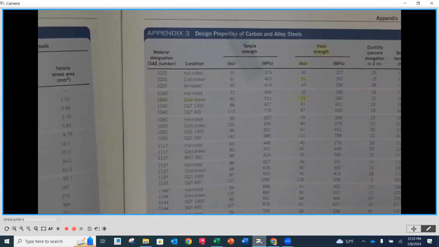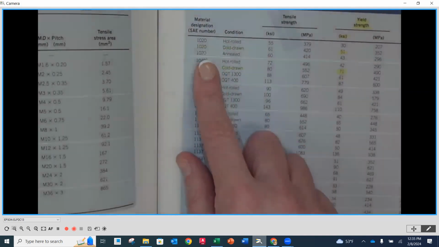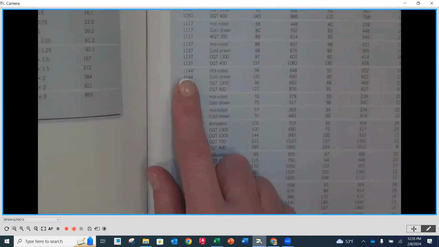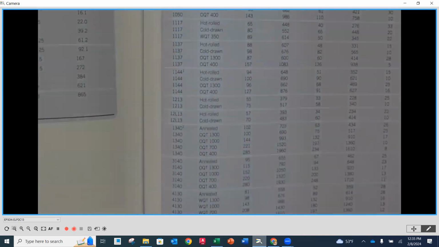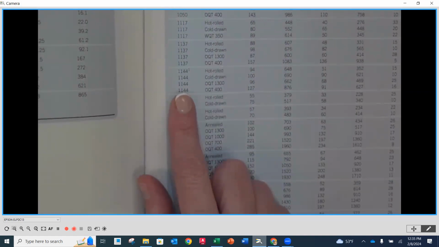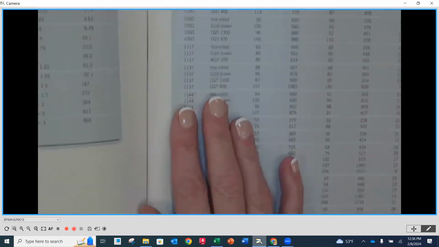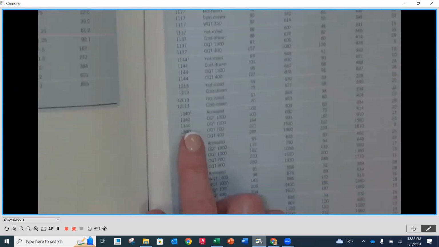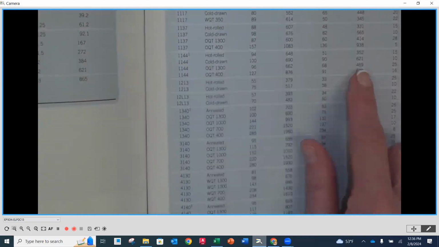Appendix 3, and here is the material designation going down the left-hand side, and we want 1144. SAE 1144, oil quenched and tempered 1000. This wouldn't be the table we look at. Sometimes you might find what you need, and there might be other ones where we can use the chart, but I would always start here. There is not an oil quenched and tempered 1000, so we can't use this.